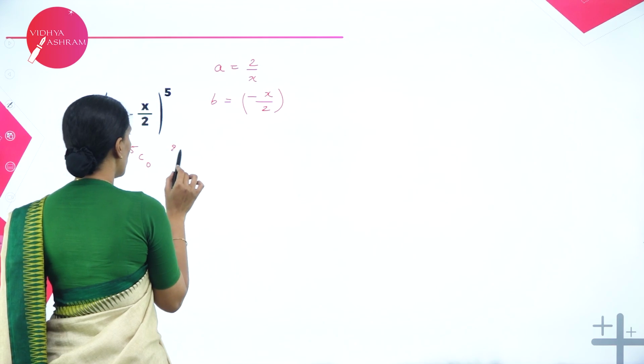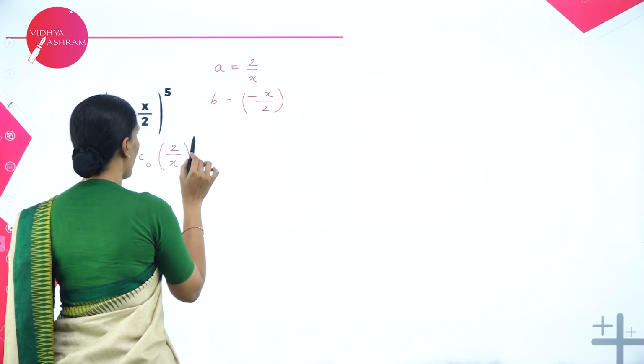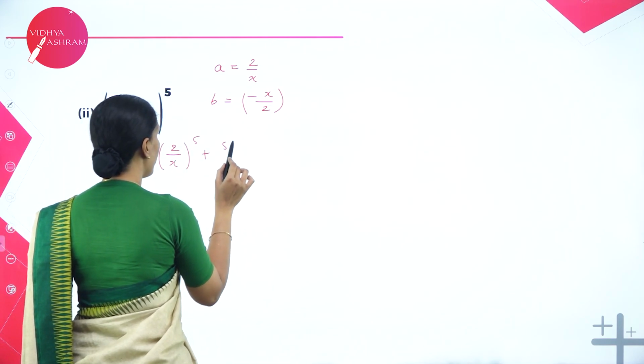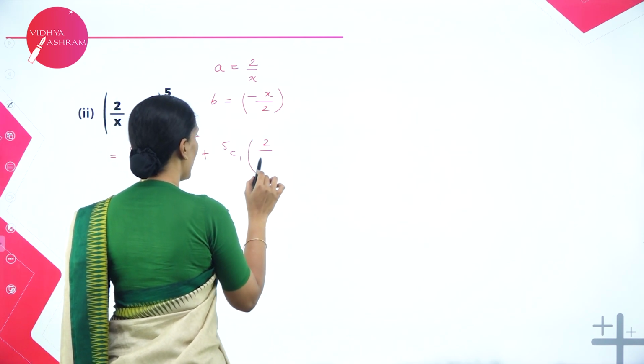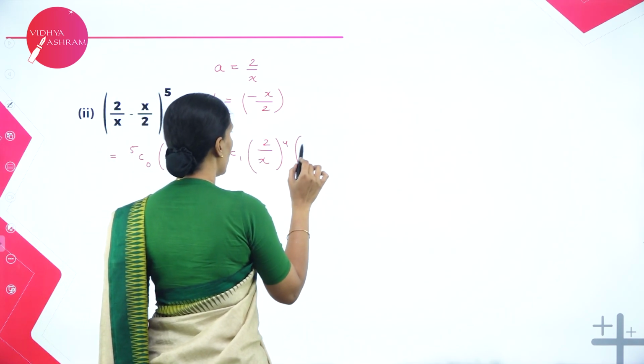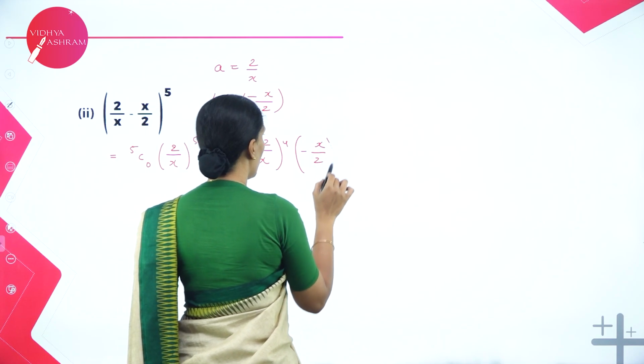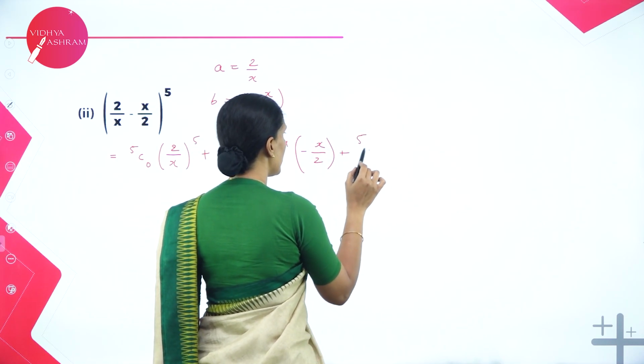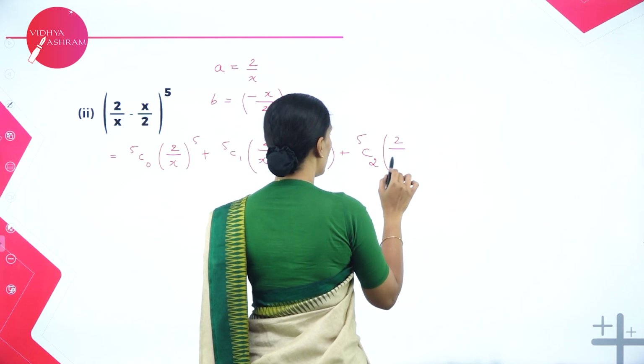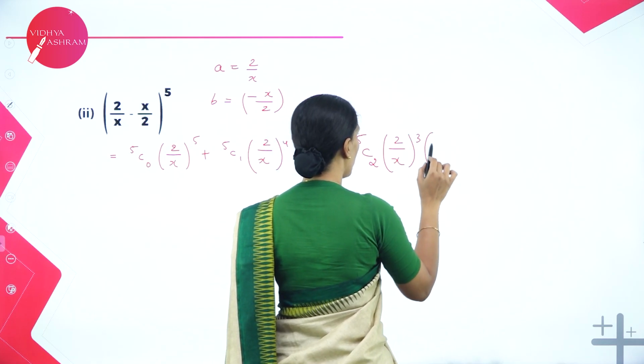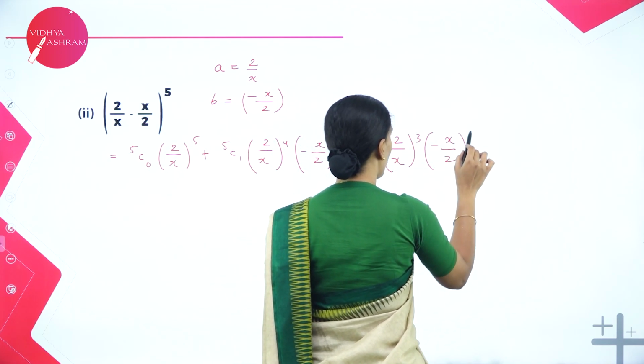So next, (2/x)^5 plus 5c1 (2/x)^4 (-x/2). Next, 5c2 (2/x)^3 (-x/2)^2.